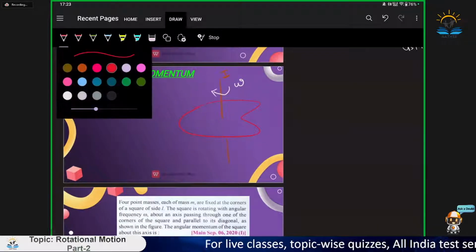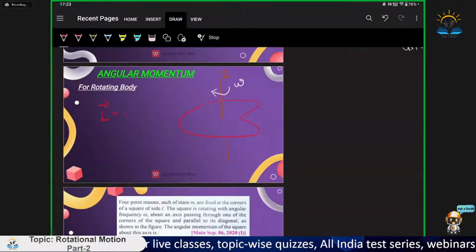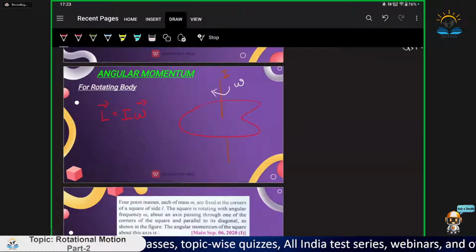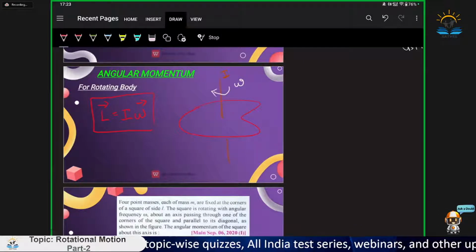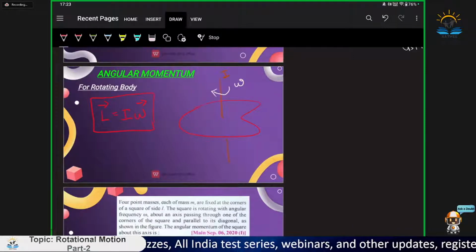Then angular momentum for a rotating body equals I omega. Just like P equals mv, L equals I omega. Okay, easy.